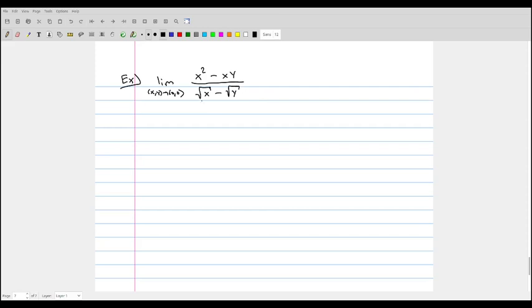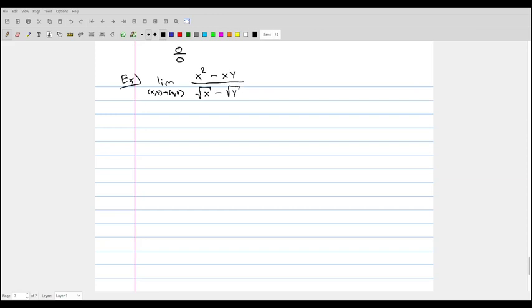You can't directly apply those limit laws to this, because if you try, the denominator here is 0. The numerator is also 0, so this is an indeterminate form, which might make you think that this limit does not exist, but it turns out that would actually be wrong. This limit does exist. There's a way that we can algebraically simplify it and make it look nice.